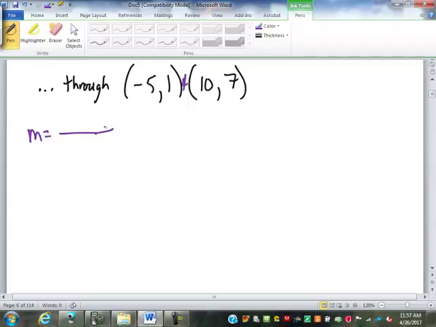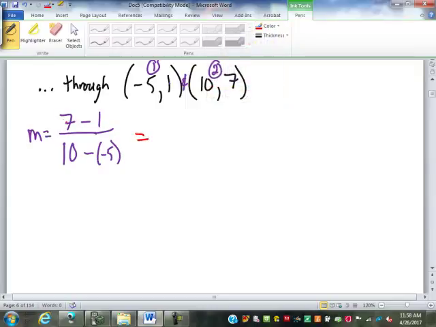We're going to label these points point 1 and point 2. So y2 is going to be 7 minus y1 is the 1. On bottom, what's x2? 10 minus x1, negative 5.